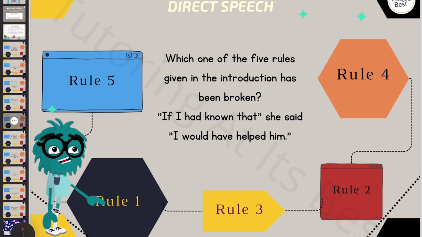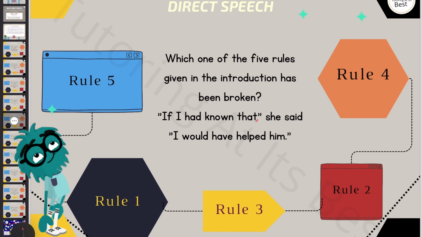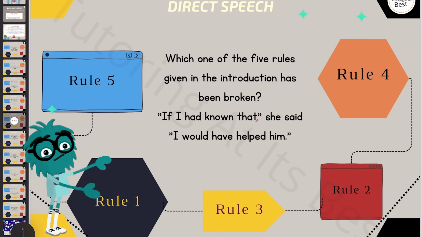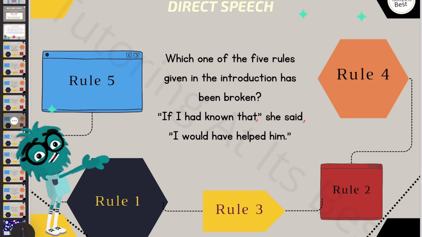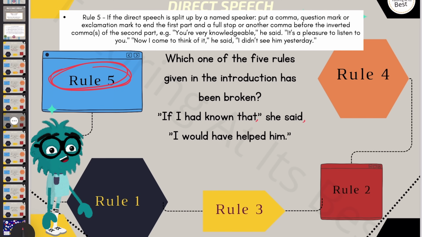So how should it be? Well, we'll put in a comma after that. Remember, the inverted comma goes after the comma. And then we'll have another comma after "she said," as it is within the same statement. So we do not need a full stop here. So again, that is rule number 5.